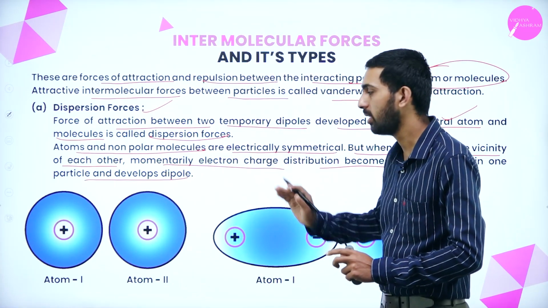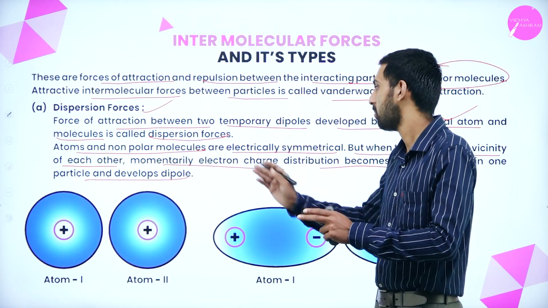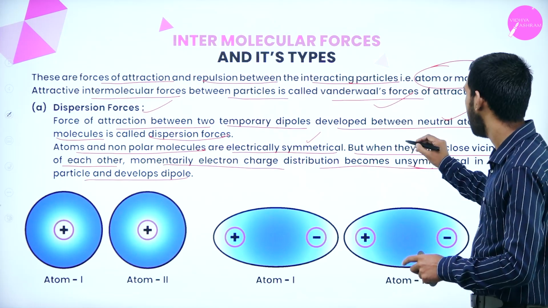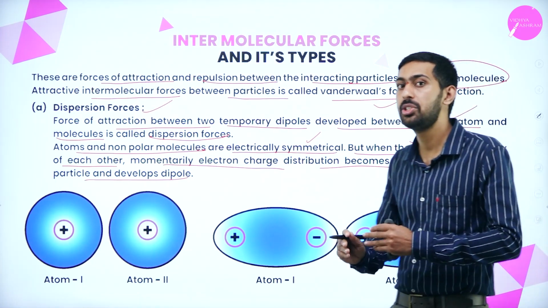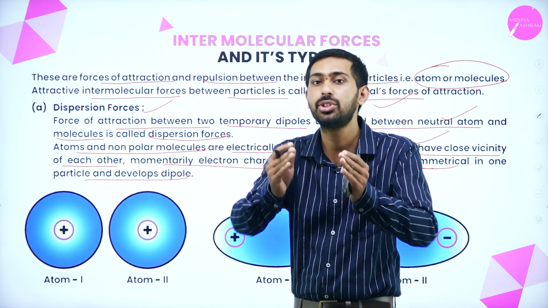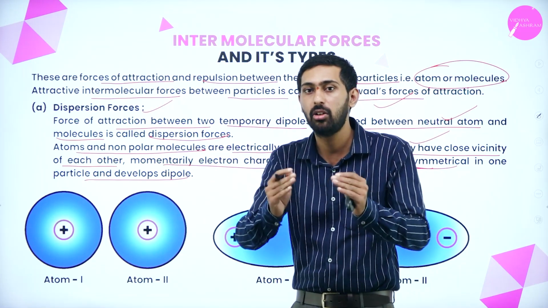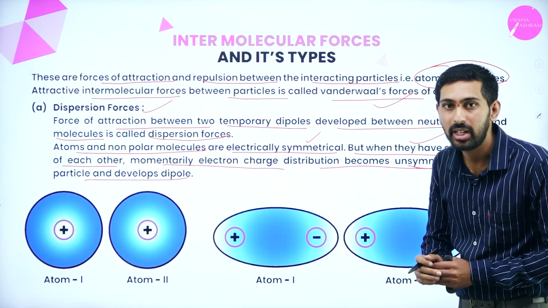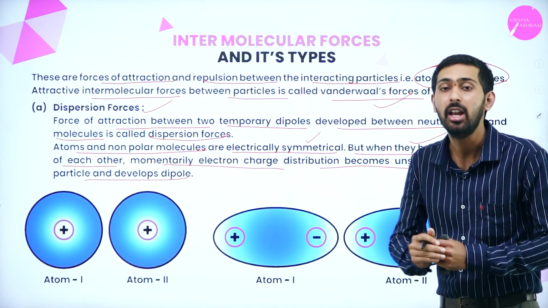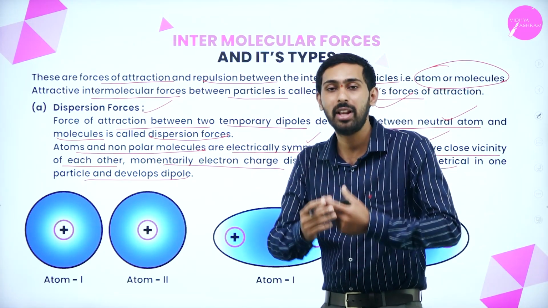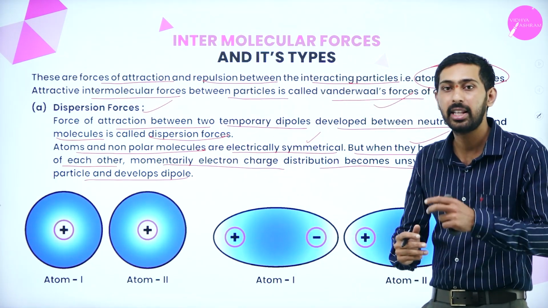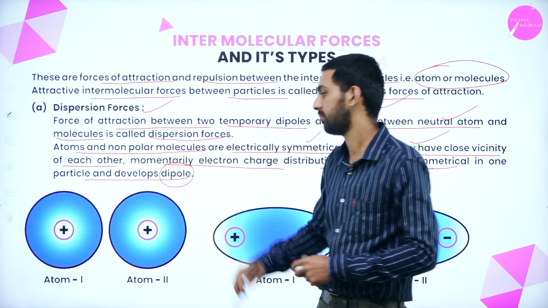What you have to think is that atoms and non-polar molecules are electrically symmetrical. But when you keep them in close vicinity, very close to each other, what will happen? Momentary electron displacement takes place, a distribution of charge takes place. When distribution of charge takes place, what will happen? It becomes unsymmetrical and develops a dipole.